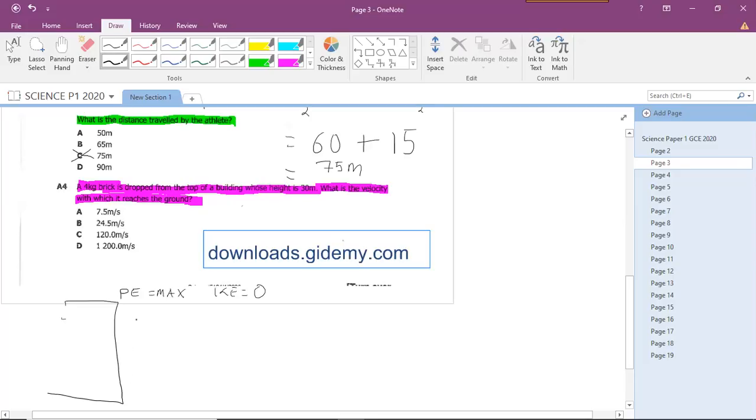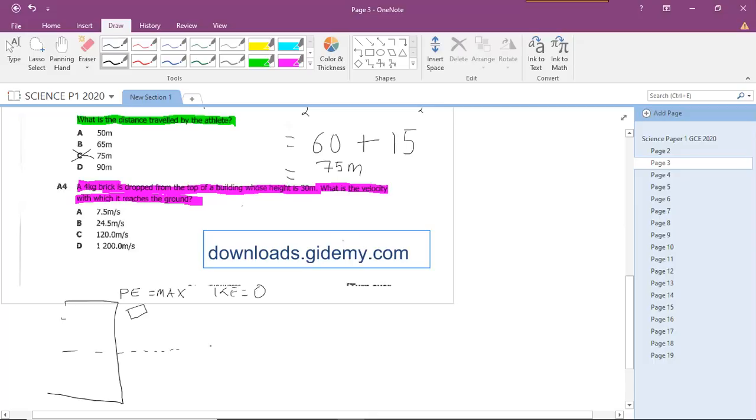Then as this brick is falling, potential energy is going to be reducing, but it will be moving, so kinetic energy is going to be increasing. It's going to be dropping, it will be moving very fast until it reaches halfway.